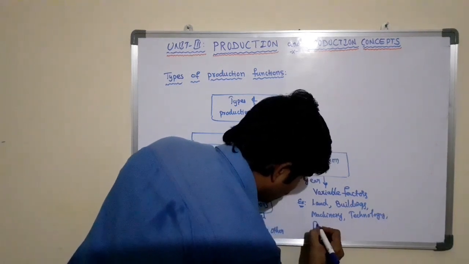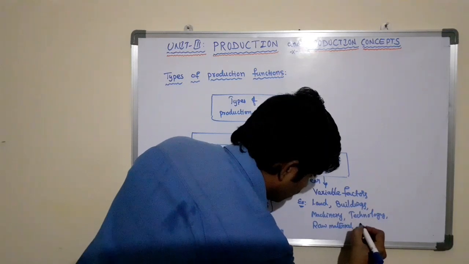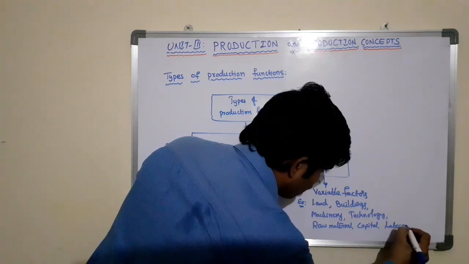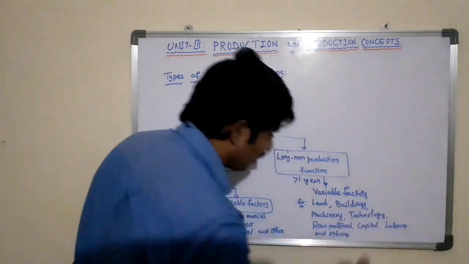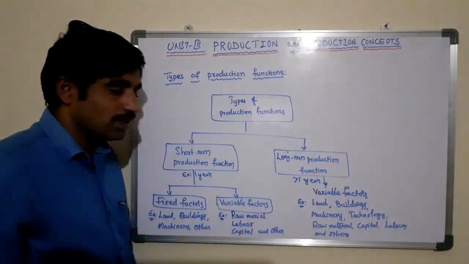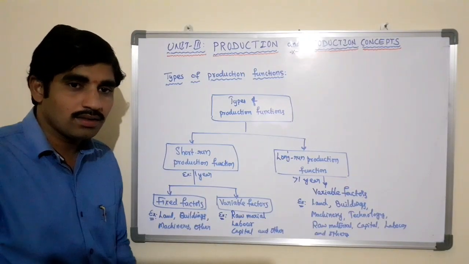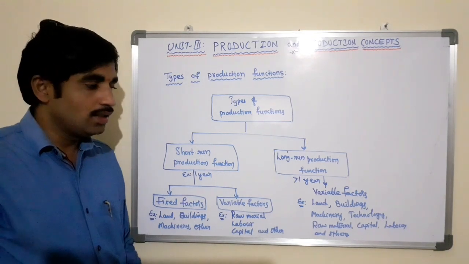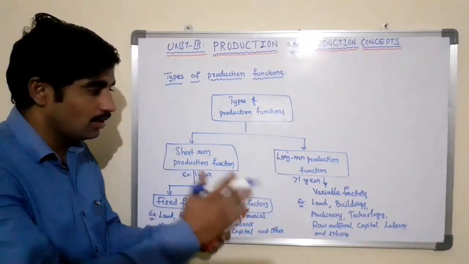Apart from this, raw material, capital, labor, and other resources that are available in the business. So in long run, there is no difference between fixed and variable input factors. All are the variable input factors only. We cannot differentiate or divide into the fixed and variable in long run.